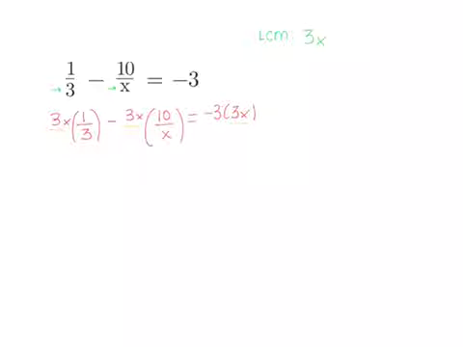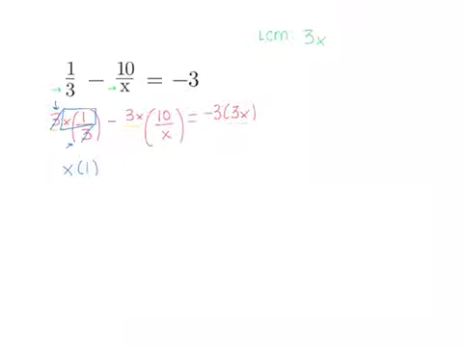If you found the correct least common multiple, LCM, something in this 3x should cancel out with your denominator. In this case, these 3's will cancel out. Then what we're left with is this x that's being multiplied by 1. I'll go back and simplify that in a moment.